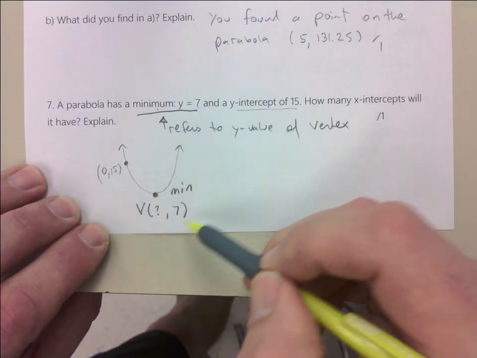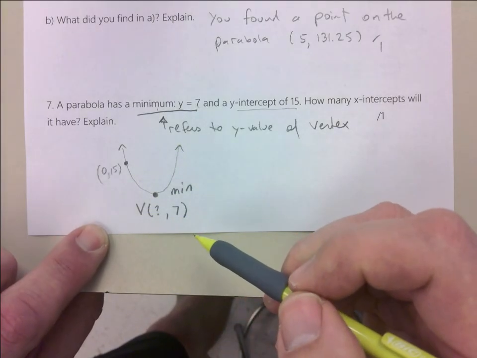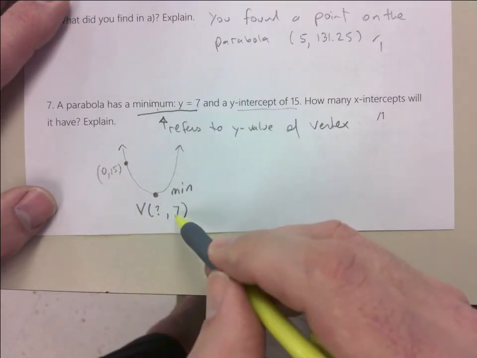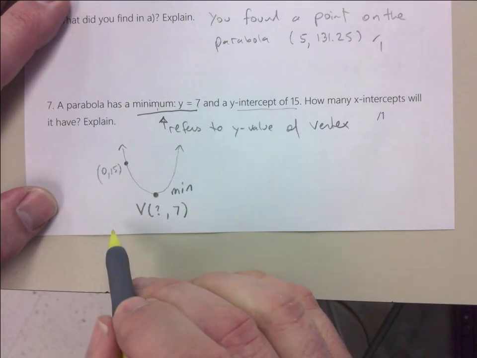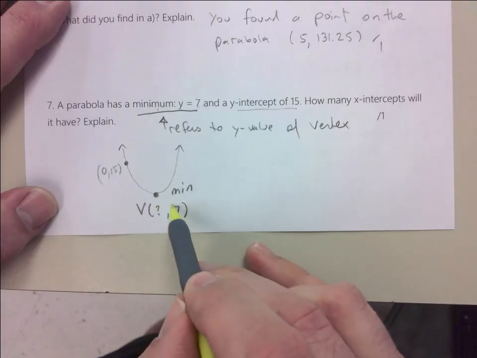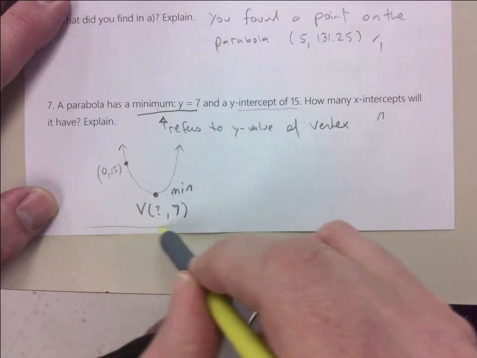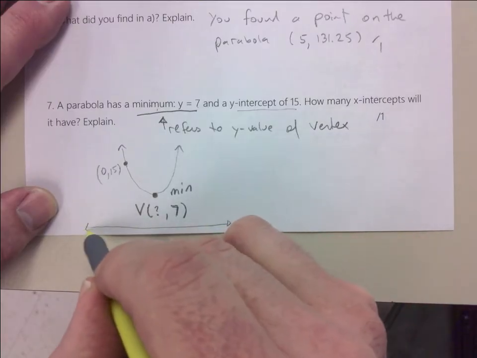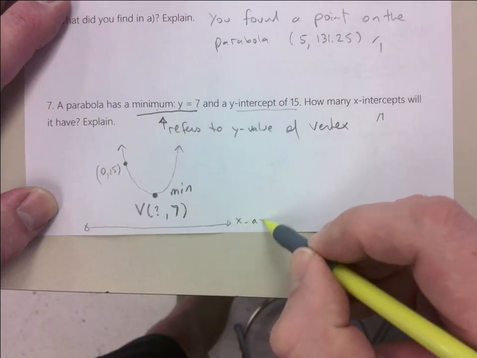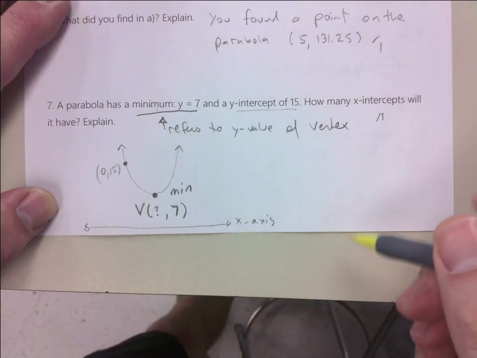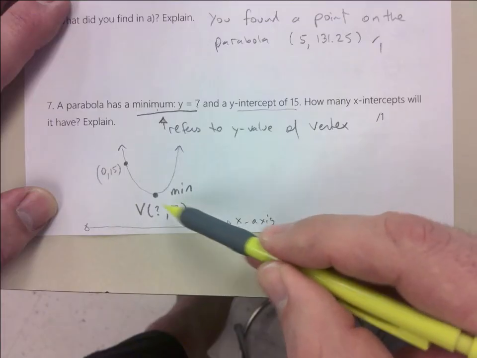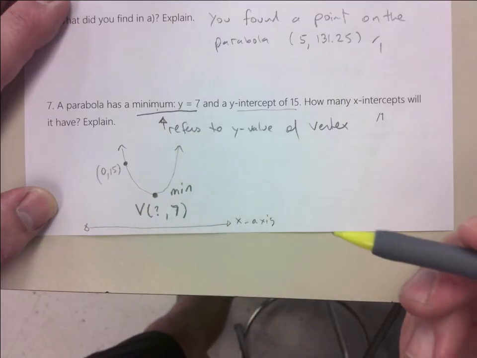But how many x-intercepts will this have? If the vertex is at 7, like 7 units positive, the x-axis is somewhere over here, right? So there are no x-intercepts here.